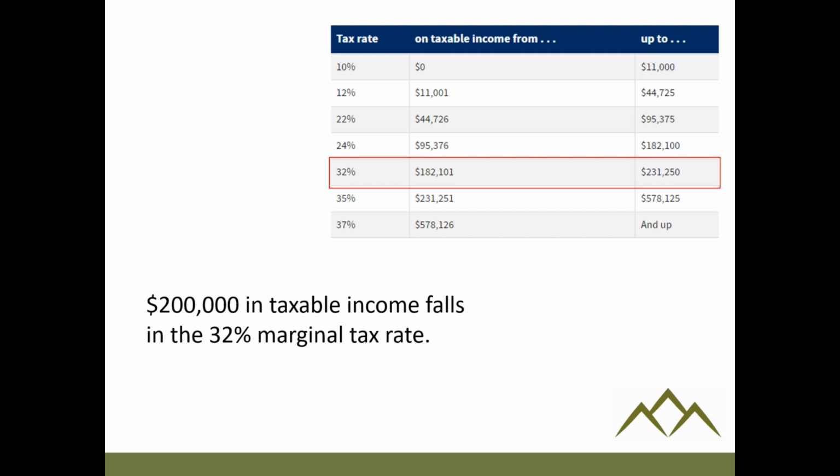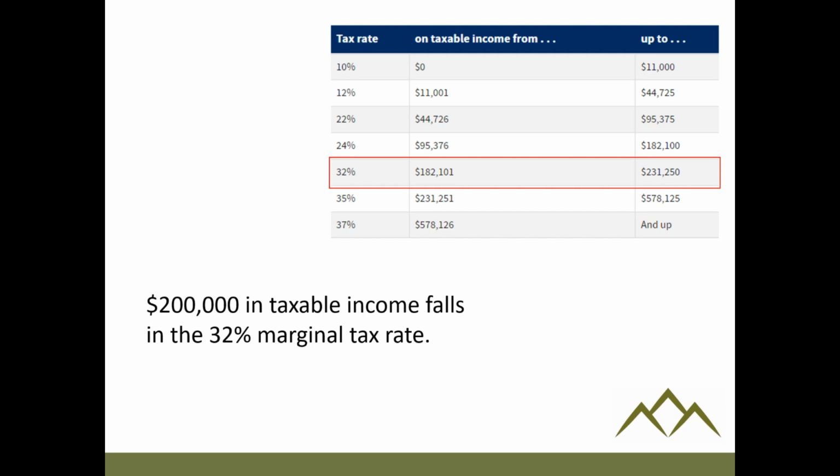The common misconception is that all of that income is going to be taxed at 32%. The reality is that between $95,000 and $182,000, they're paying taxes at 24%. Between $45,000 and $95,000, they're paying taxes at a rate of 22%, and so on and so forth.